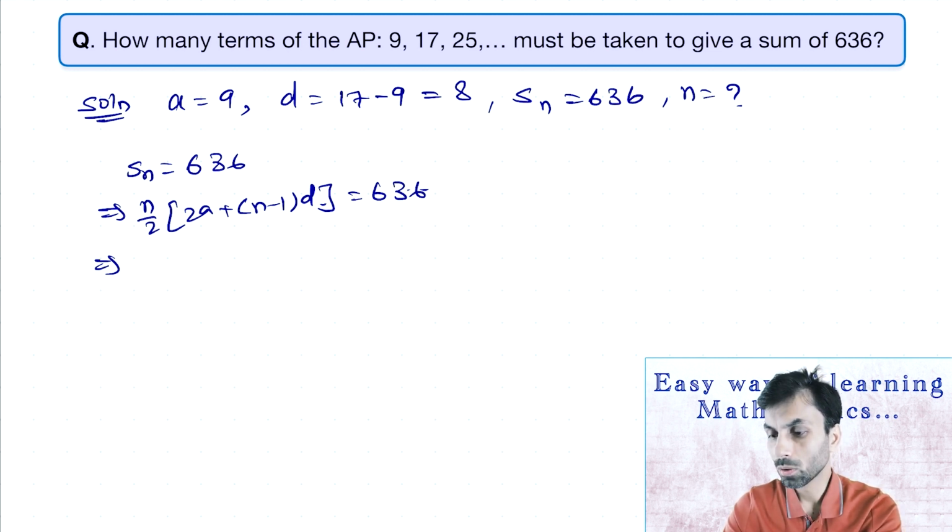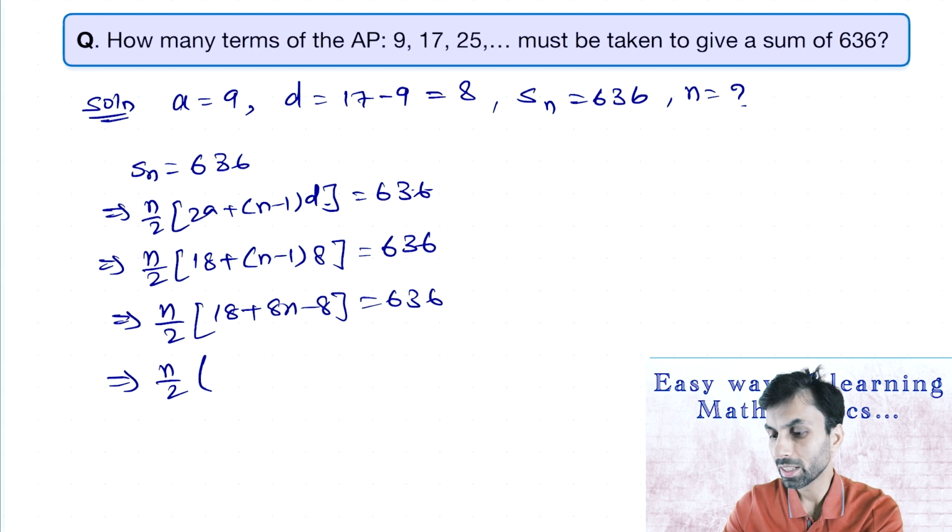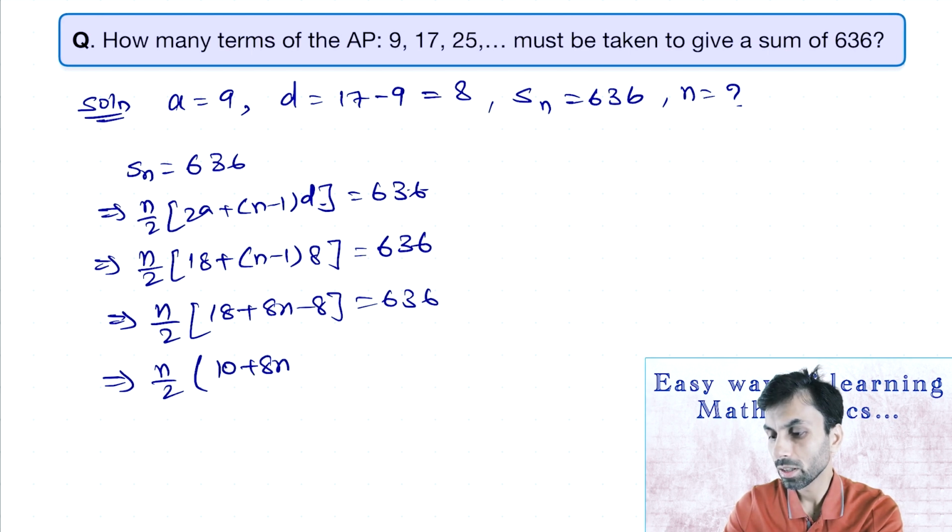The n value we have to find, so it will be n by 2, 2a. A is 9, it will become 2 into 9, 18 plus n minus 1, common difference is 8, which is 636. We can write it as n by 2 into 18 plus 8n minus 8 equals 636. Now here n by 2 into 18 minus 8, that will be 10 plus 8n equals 636.